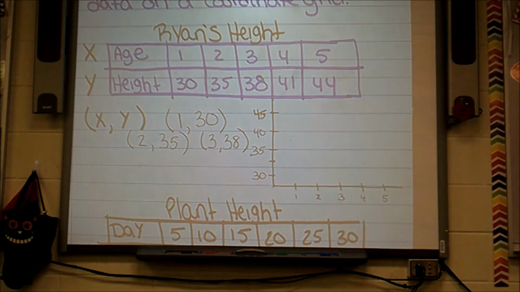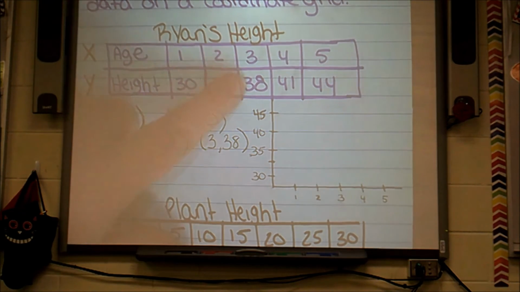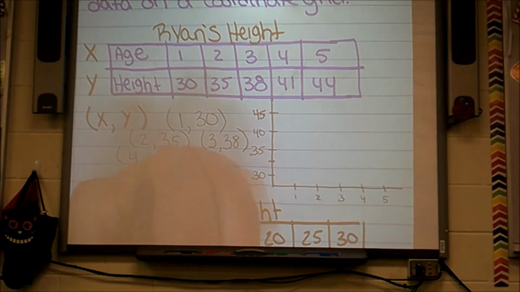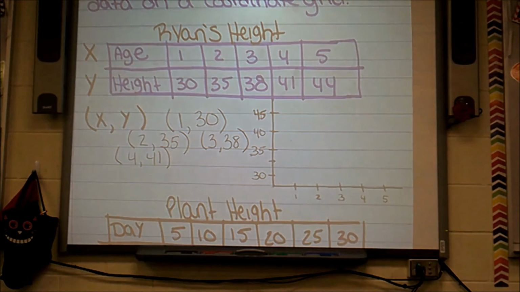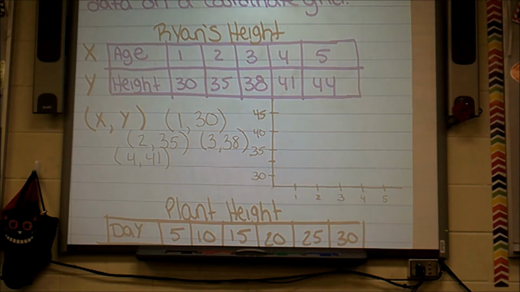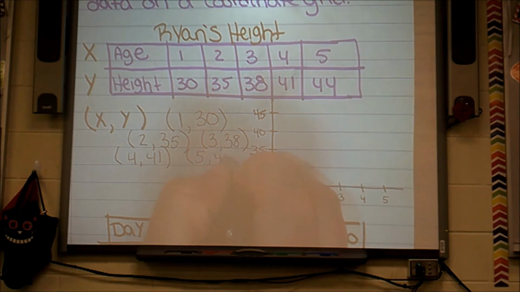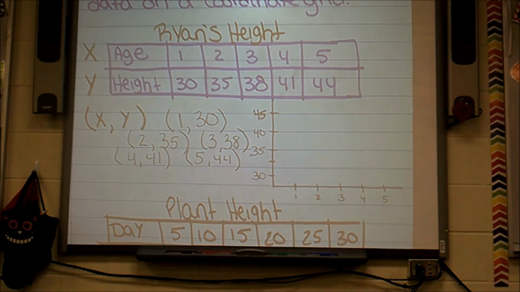And I'm going to go ahead and fill in the rest of these parentheses. My 3 goes with my 38. My 4 with my 41. And my 5 with my 44.